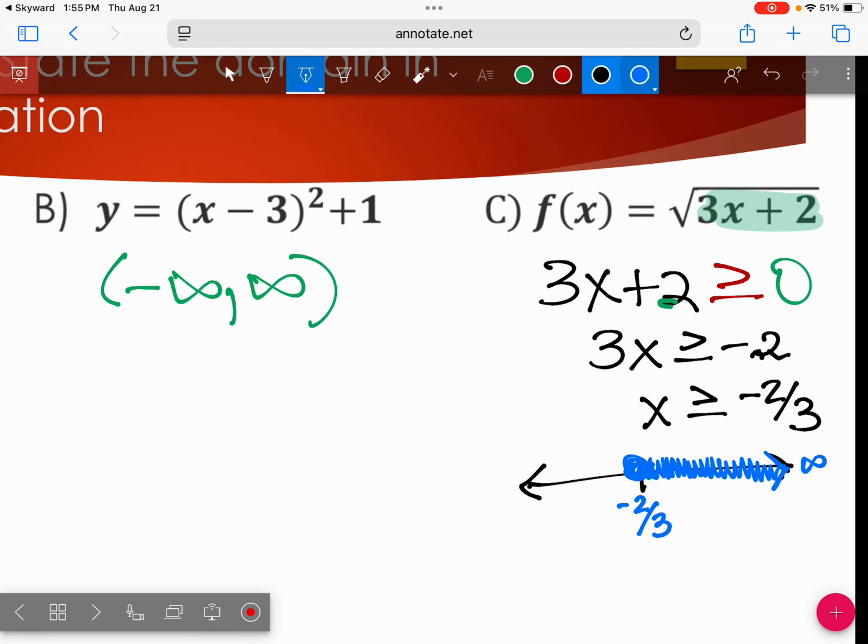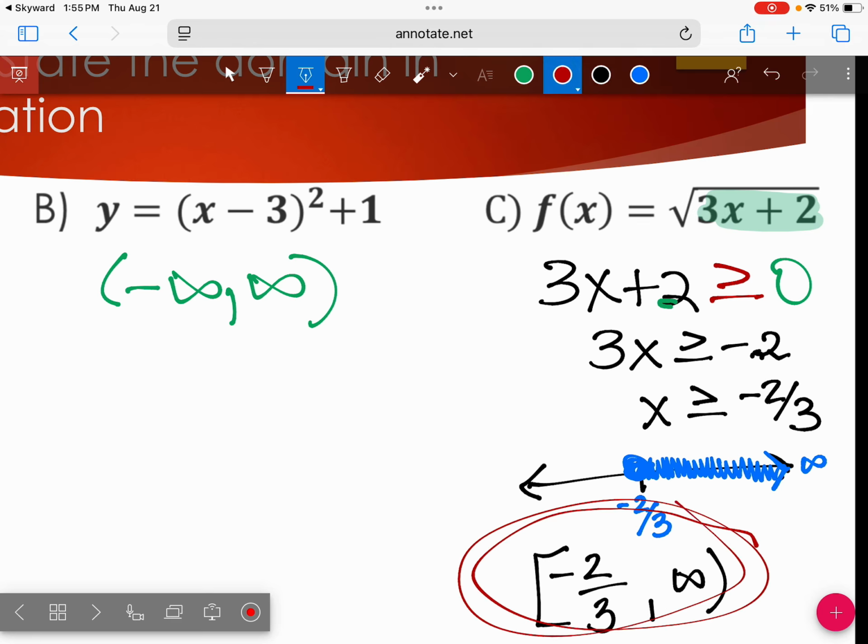The smallest number on my interval is negative 2/3. Because it equals that, it gets a hard bracket. And it's going towards infinity. Infinity always gets a soft bracket. This is the only way I will accept your answer when you take your quiz and or test. Everything we do is in interval notation.